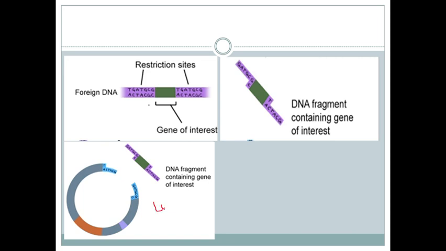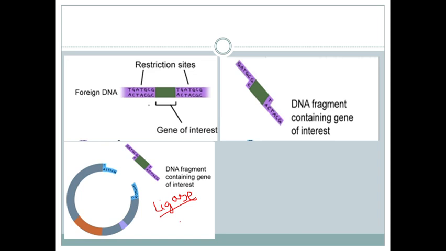Ligase is an enzyme which fuses two DNA molecules. Remember, restriction endonucleases are the enzymes which cut DNA molecules, so they are popularly called molecular scissors. Ligase, in contrast, is the enzyme which fuses DNA molecules, so this enzyme is popularly called molecular glue.